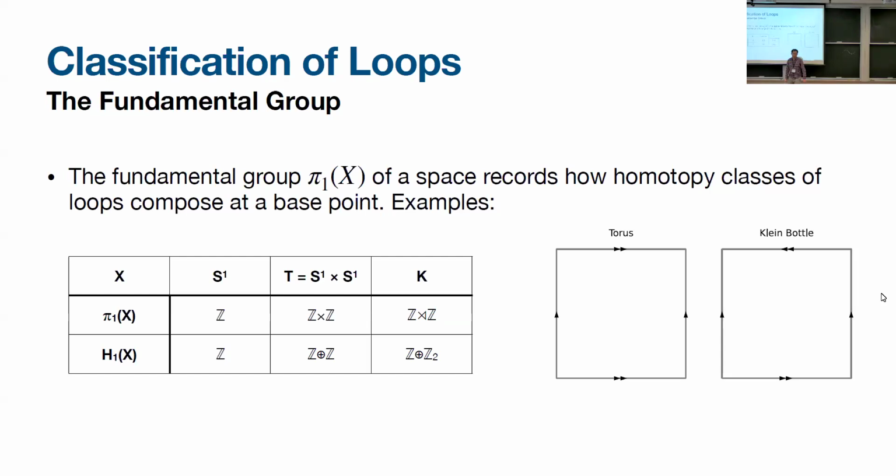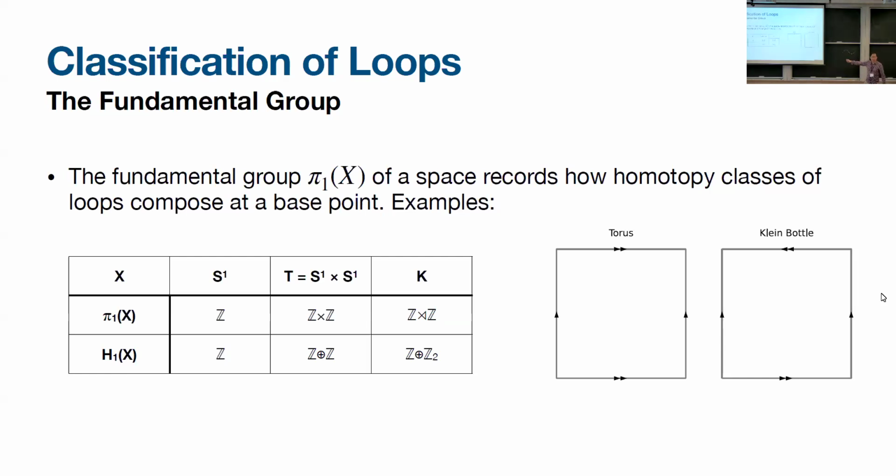What is the fundamental group of S1? Well, how do you characterize loops on a circle? It's just how many times you turn around the circle. That group is just the integers. And if you go the other way, you take the minus sign. So it's just the group of integers. A torus is two circles taken as a product.